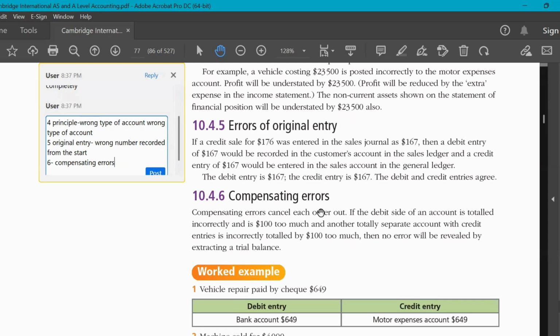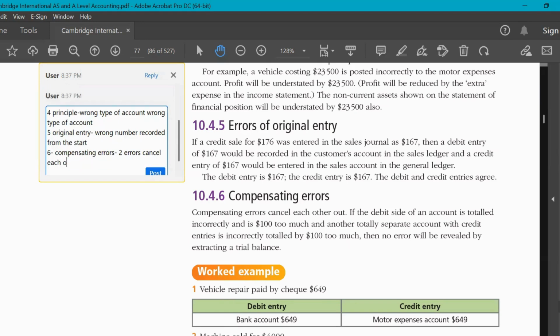When we say compensating errors, it means that there are two mistakes, and these two mistakes cancel each other out. There are two errors, and these two errors will cancel each other out. It means that there's something to do with overstating and understating.